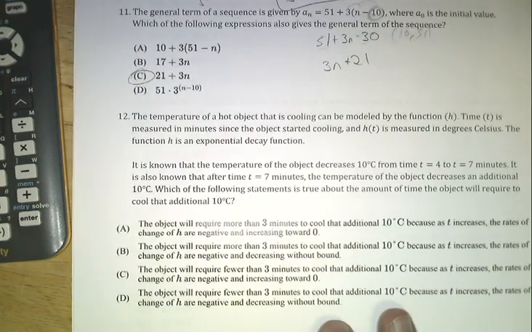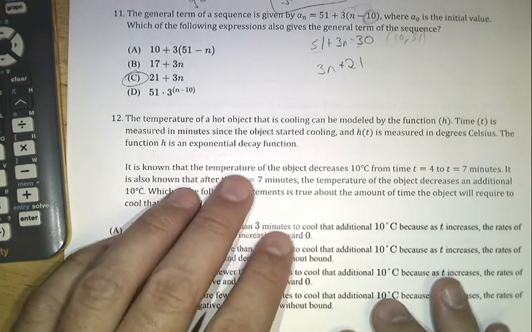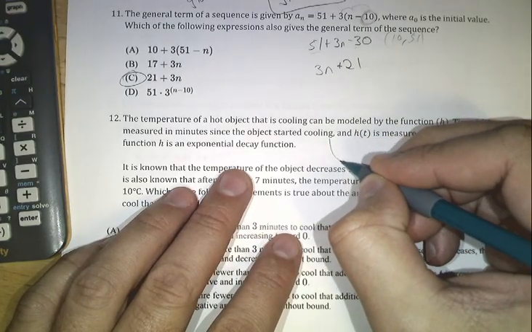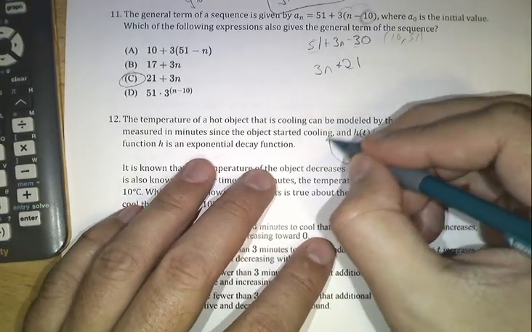Number 12. The temperature of a hot object cooling can be modeled with the function h, and time is measured in minutes since the object started cooling. H of t is measured in degrees Celsius, and the function h is an exponential decay function. So we're going to have some exponential decay function here.